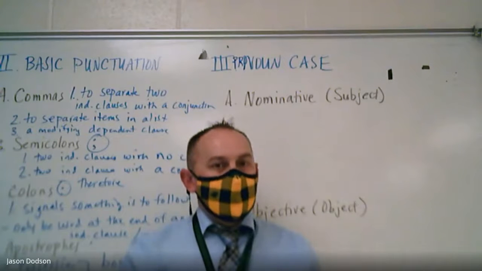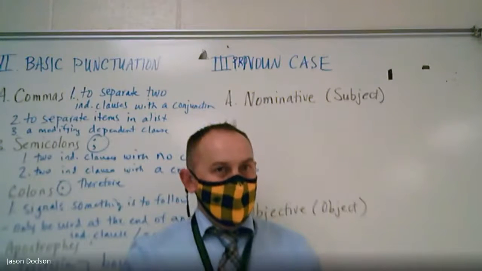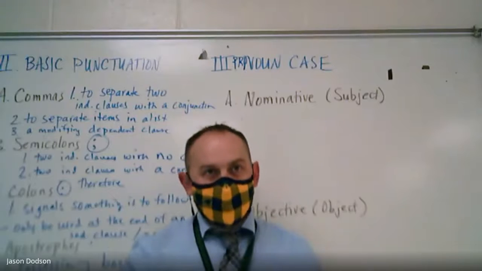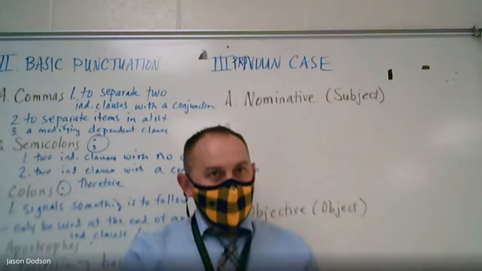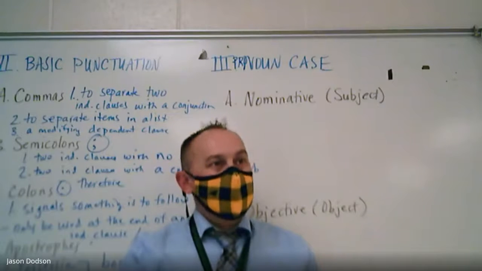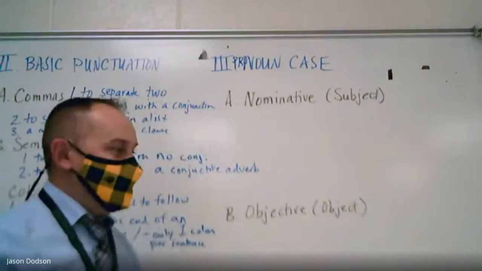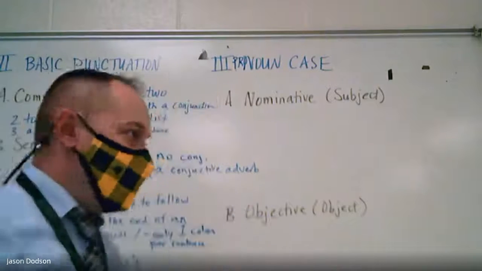It has to agree with its antecedent in terms of gender. So if the noun is female, the pronoun has to be female. If it's male, the pronoun has to be male. So number, gender, and case. Case has to do with what its function is in the sentence. There are three cases, one being possessive, which we've kind of already talked about.